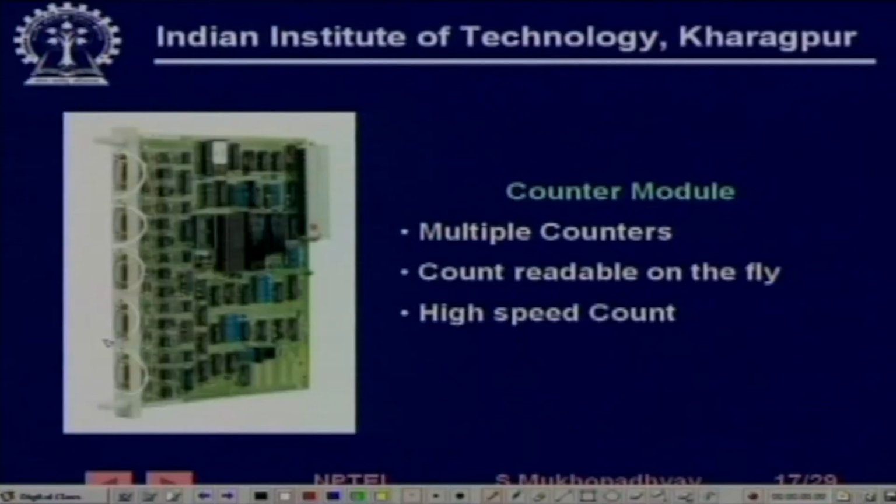On the other hand, it also connects to the bus, so that these signals can be read. The count is readable on the fly because it contains dual ported RAM and high speed count. So, it is generally used for very high speed counts, and one would have large registers and things like that.